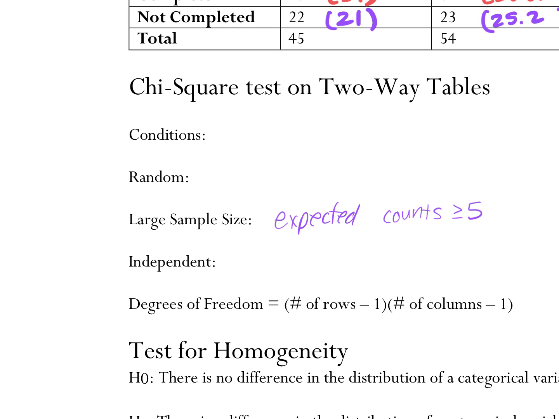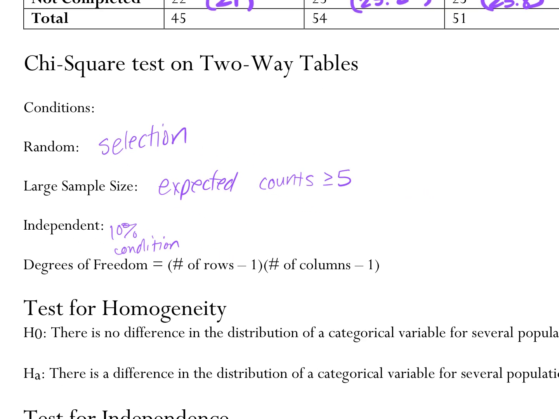The expected counts, right? Random, you're either going to have random selection, and then your independence will be the 10% condition, or you're going to have random assignment. And if it's random assignment, you're going to check that the individual responses are independent.